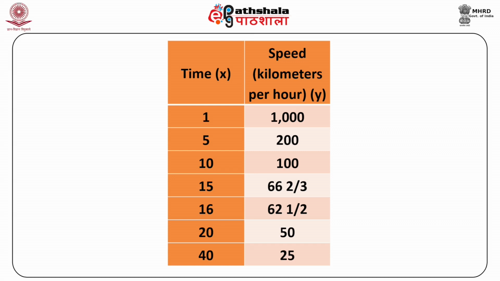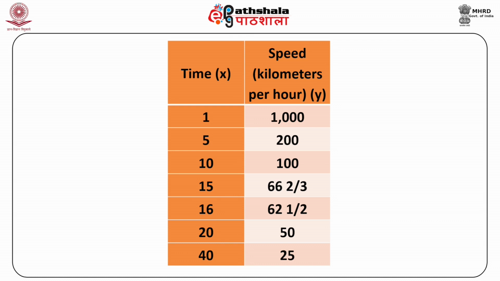So, if the speed is 1000 kilometers per hour, that is y is equal to 1000, and therefore the time taken x would be equal to 1 hour, or simply 1. So, when y is equal to 1000, then x is equal to 1.